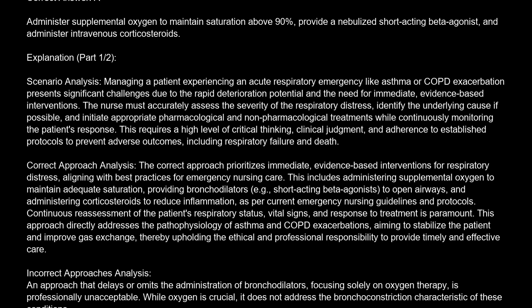Continuous reassessment of the patient's respiratory status, vital signs, and response to treatment is paramount. This approach directly addresses the pathophysiology of asthma and COPD exacerbations, aiming to stabilize the patient and improve gas exchange, thereby upholding the ethical and professional responsibility to provide timely and effective care.